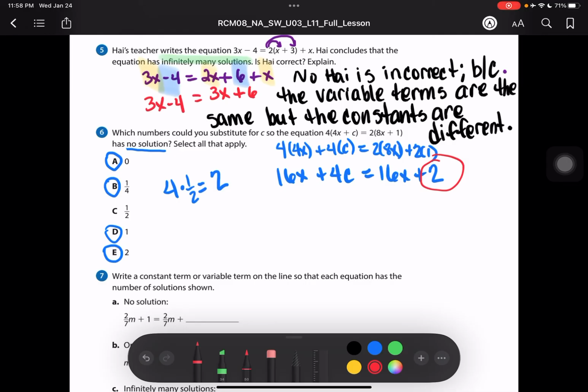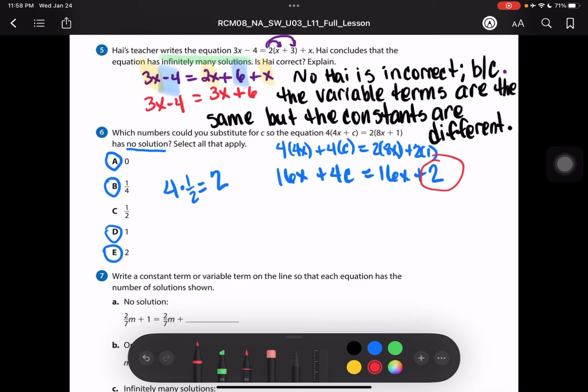Okay? Because the ultimate goal is to have same constants, same variable terms, if I am focusing on infinitely many solutions.